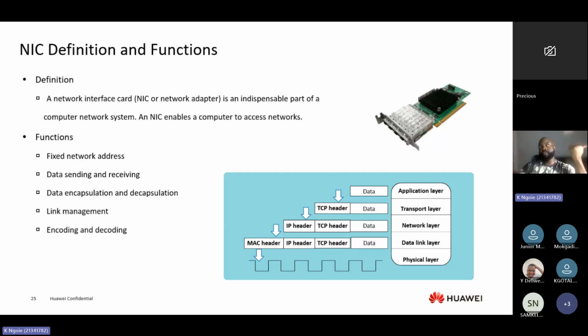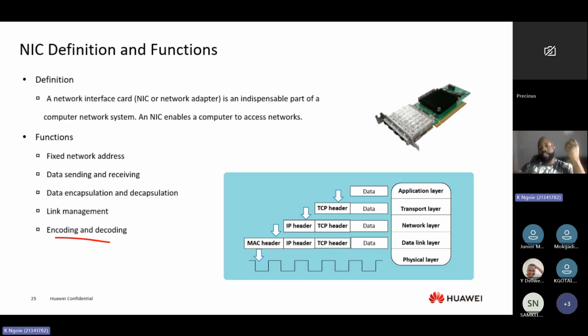This is just a network interface card, which is part of the computer. Or if we want certain specifications and want to improve the performance, we can add another one, which will have the functions of fixed network address, data sending and receiving, data encapsulation and decapsulation, link management, encoding and decoding.